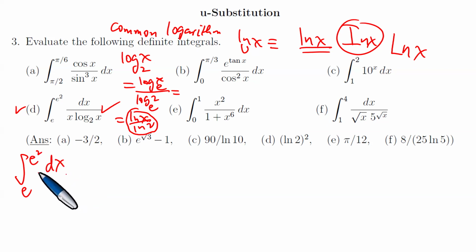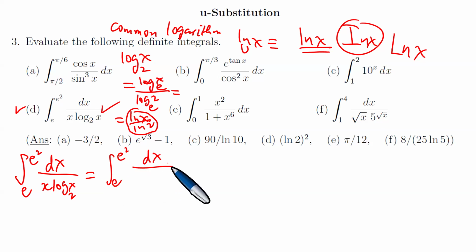So the integral from e to e squared of the log of x base 2, dx over x. What is the log of x base 2? The log of x base 2 is the same as ln x over ln 2.